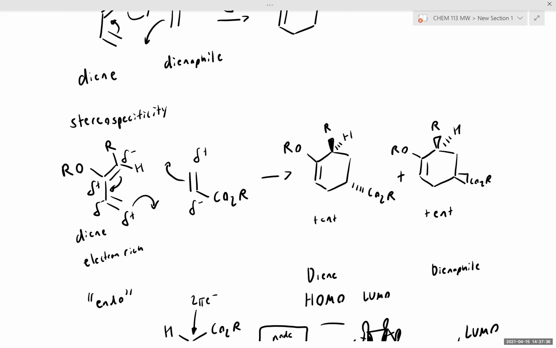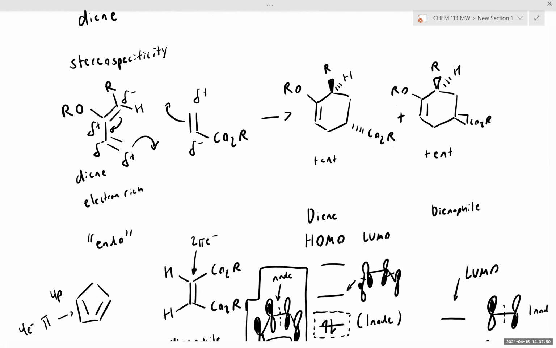Although at a first glance we would expect to see a mixture of diastereomeric products, the Diels Alder reaction is uniquely selective for a single stereoisomeric product known as the endo product. What we're going to talk about now is the reason why the endo product is preferred, and we'll talk about why the Diels Alder reaction is run under high temperature conditions and it requires heat to go to completion.